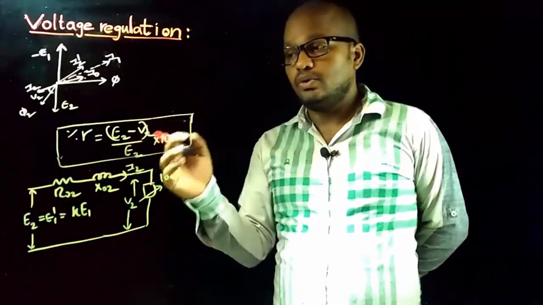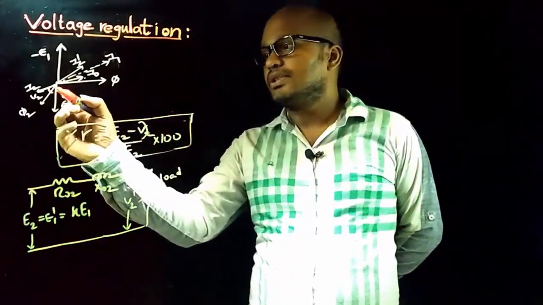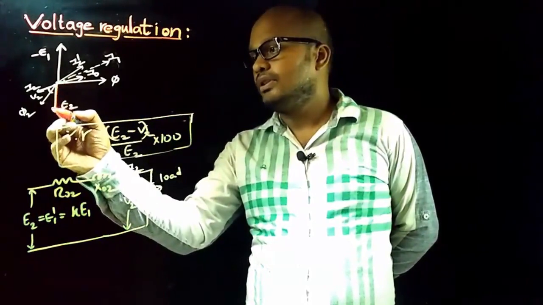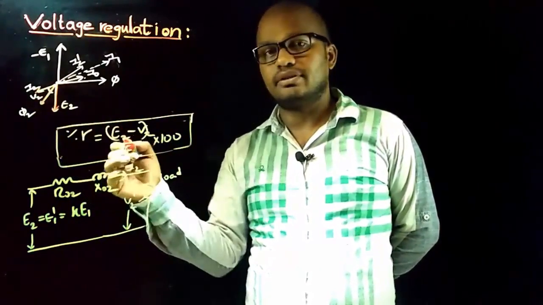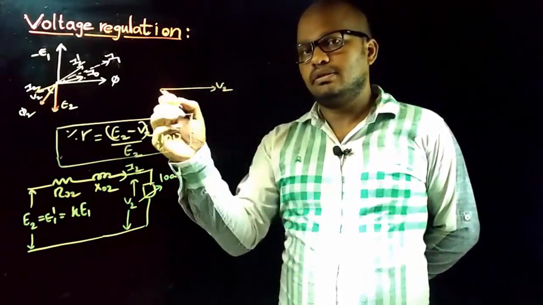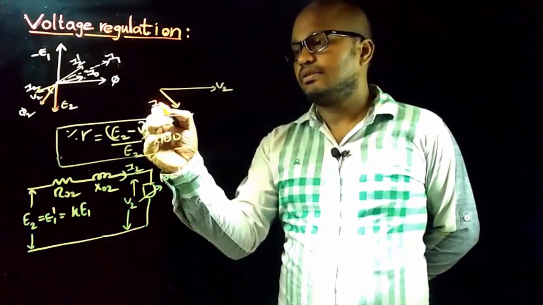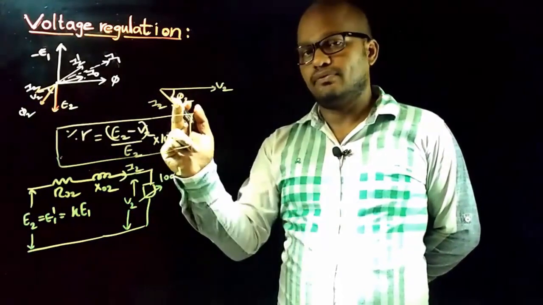Now let's derive the formula for percentage voltage regulation, and for that let's use this secondary circuit and this part of the phasor diagram of the transformer. If terminal voltage V2 is taken horizontally, then the secondary current is I2, and the angle between V2 and I2 is phi 2.